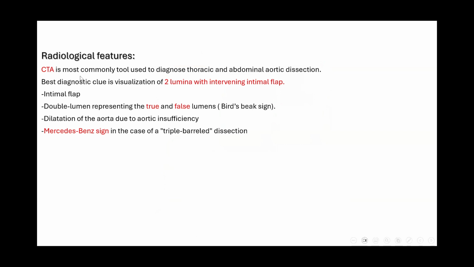Sometimes there is dilatation of the aorta, not common to see, due to aortic insufficiency, and we have also the Mercedes-Benz sign. So Mercedes-Benz sign is more in the abdominal aortic dissection rather than thoracic dissection.